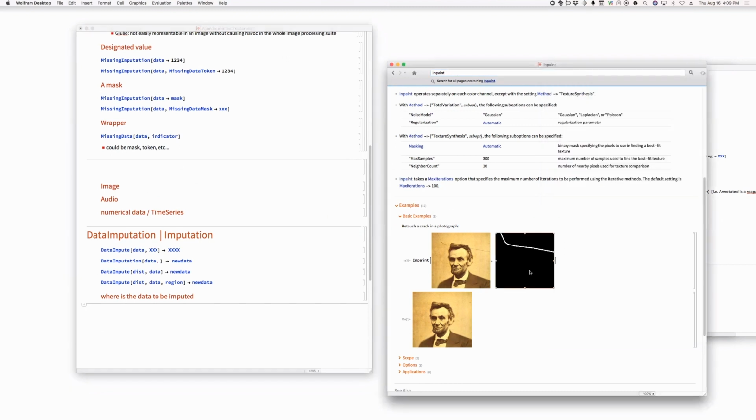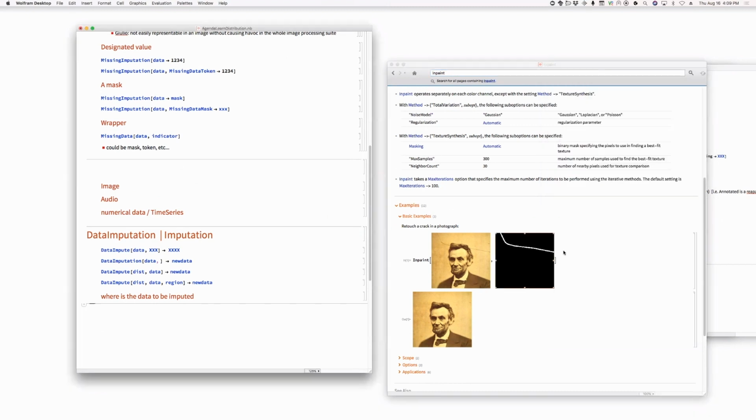If you give it an image, it could figure out that what you mean is the positions of those pieces. Should we have a wrapper like missing data, comma, and then we support various ways to declare what's missing and where it's missing? I think that makes sense.